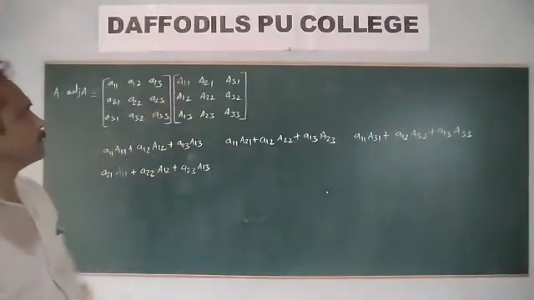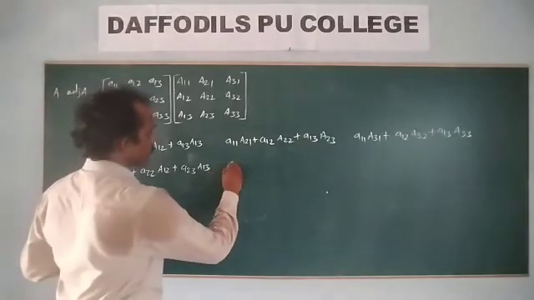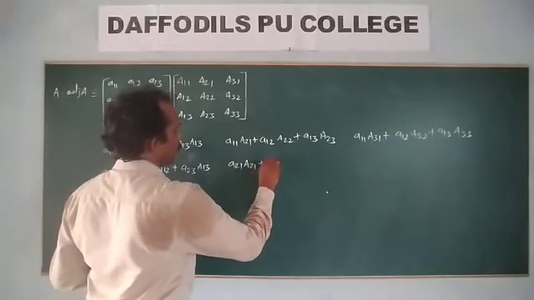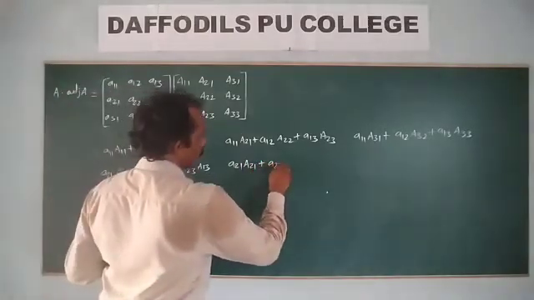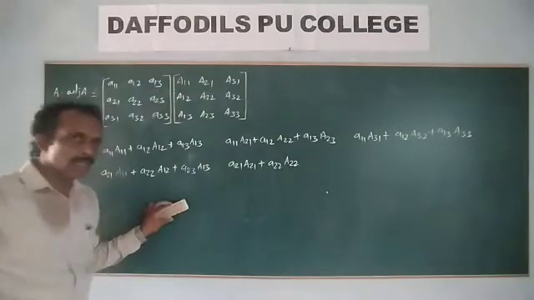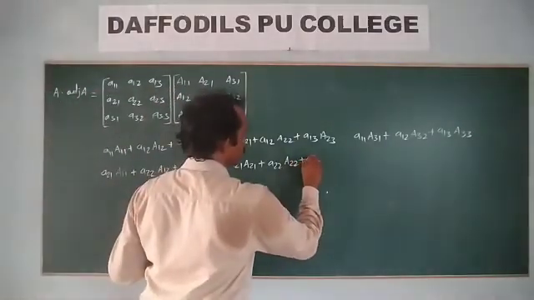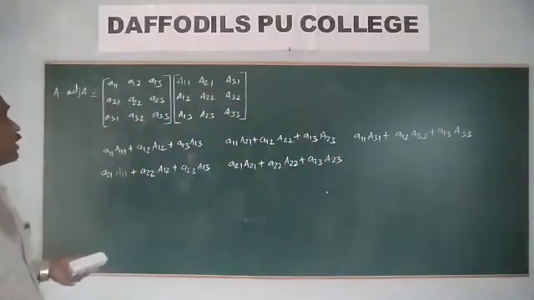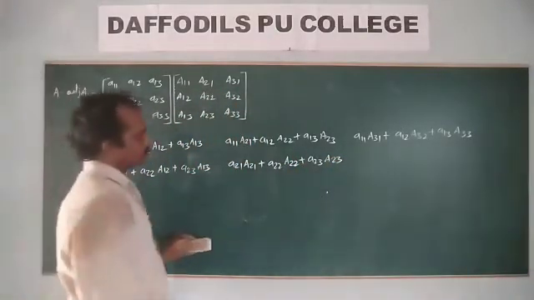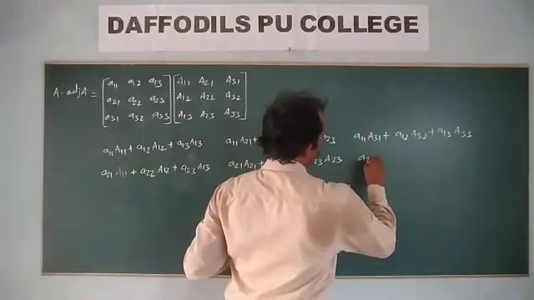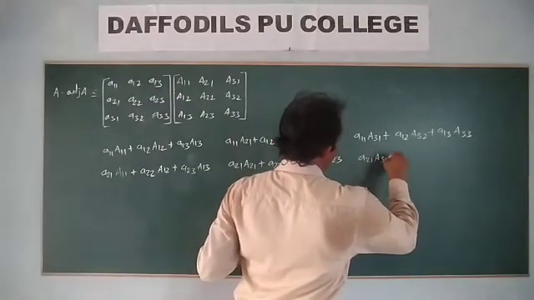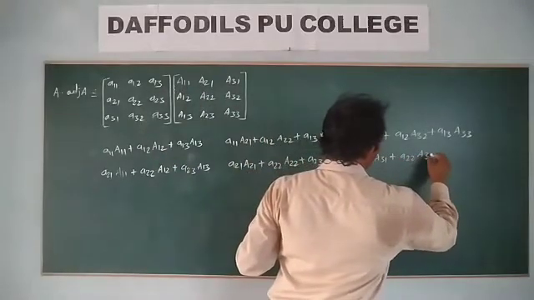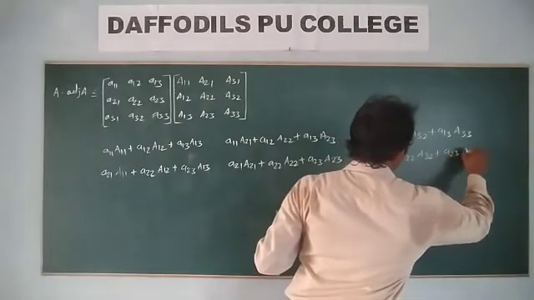Next, second row, second column: A21 A21 plus A22 A22 plus A23 A23. Second row, third column: A21 A31 plus A22 A32 plus A23 A33.